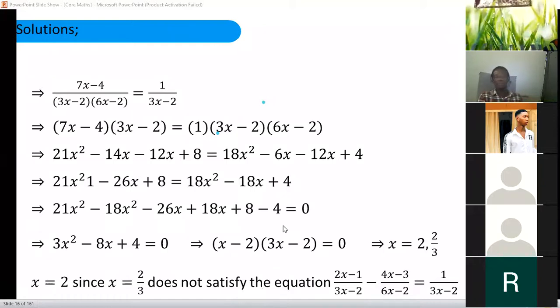So x minus 2 is equal to 0 will give us x is equal to 2. That is our first value of x. Then 3x minus 2 is equal to 0. When we find the value of x here, it will give us x is equal to 2 over 3.